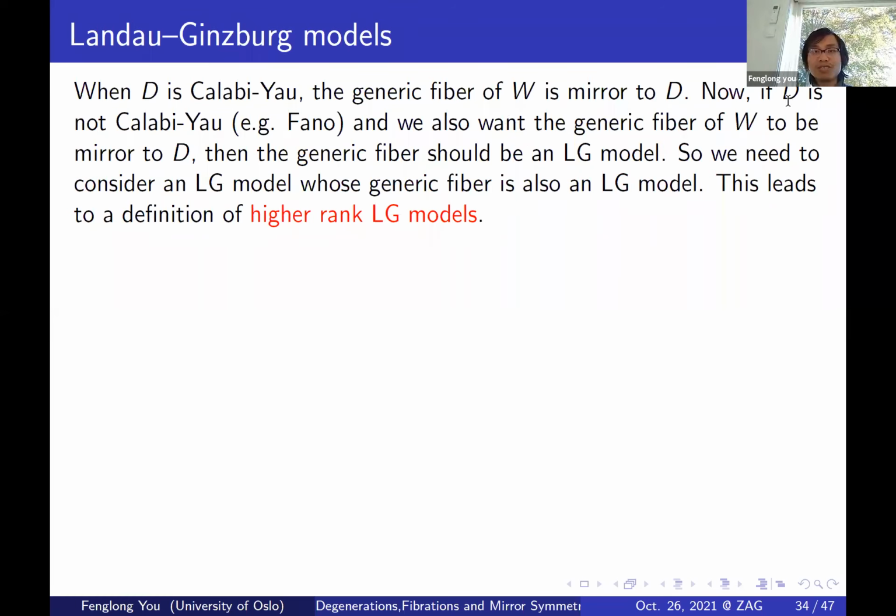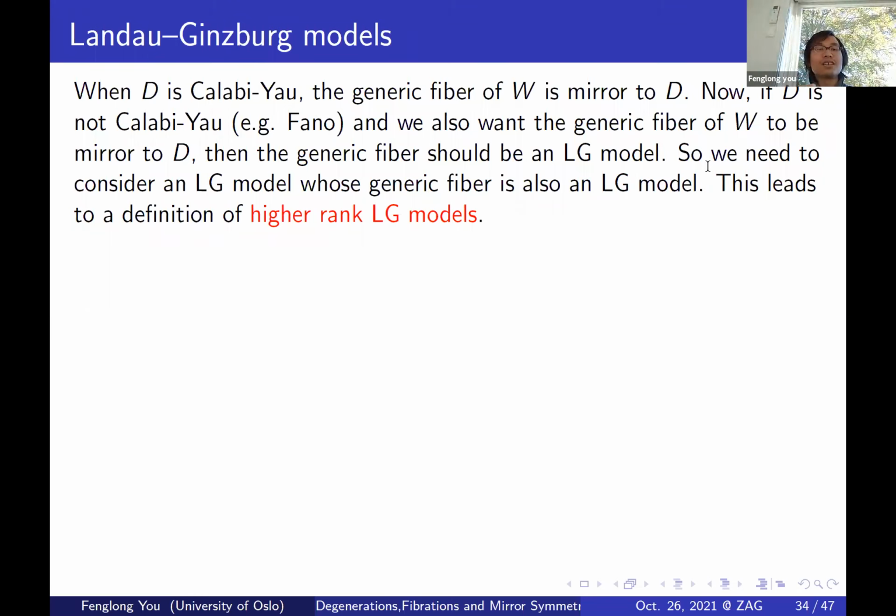So for example, when D is Fano, like a cubic surface, in that example, then the generic fiber of this W is also a Landau-Ginzburg model. So that means we talk about a Landau-Ginzburg model whose fiber is also a Landau-Ginzburg model.